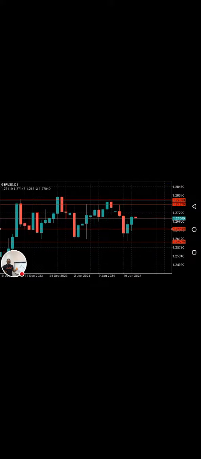So if your bias on GBP USD is bullish, for example, now on Friday, there is an area of liquidity here. There is liquidity at this low. Why? This candlestick is called a hammer, or we can call it hanging man.